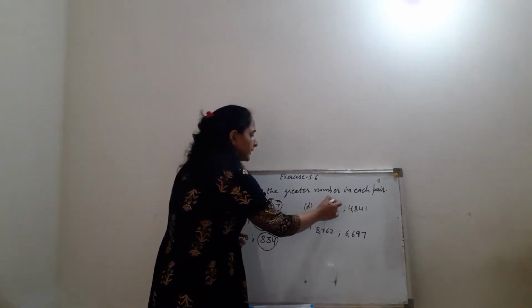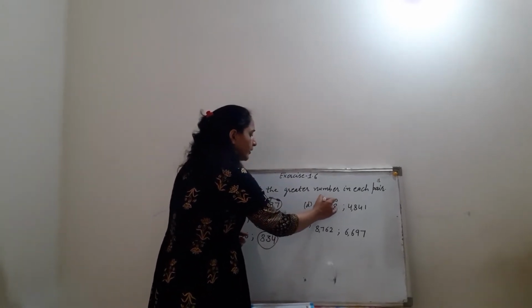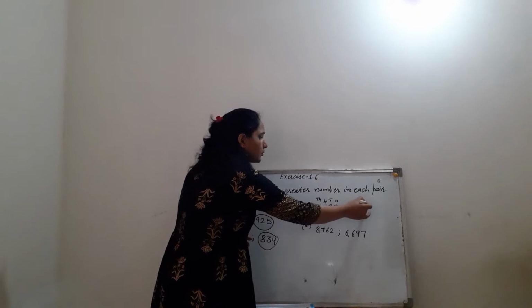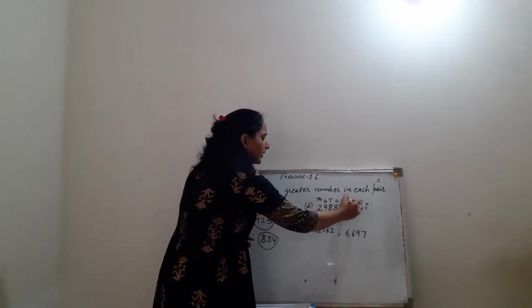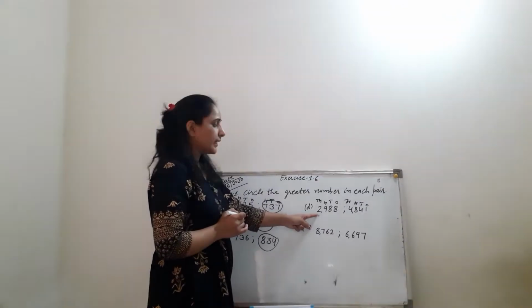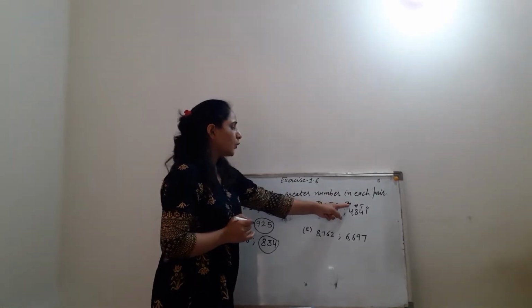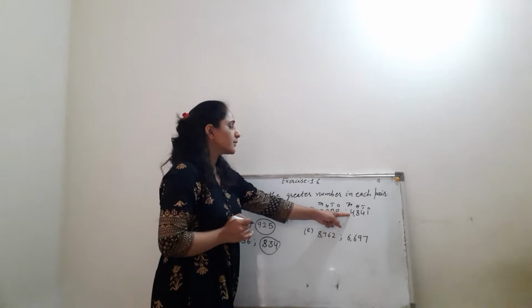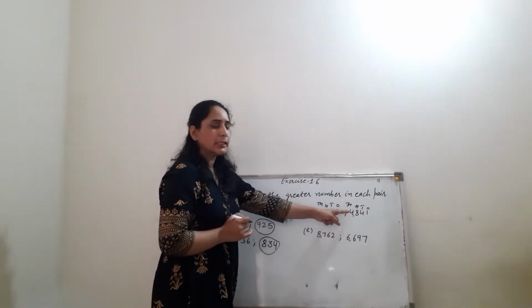Now part D. Count the places. Here is ones, tens, hundreds and thousands. There is also ones, tens, hundreds and thousands. In the thousands place there is 2 and in the thousands place there is 4. So which one is greater? 4.